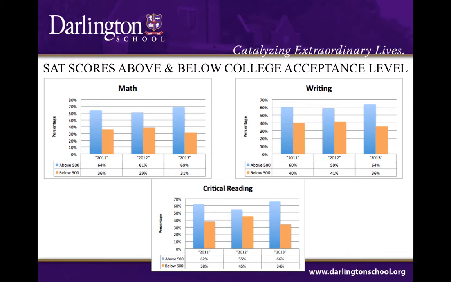And then our critical reading, again, has been one of our weaknesses, is at 66% above and 34% below. So we need to look at how we're gonna work on this and get this to be where it needs to be.